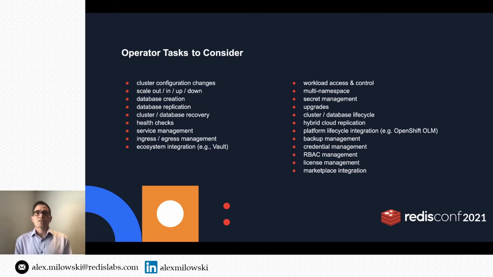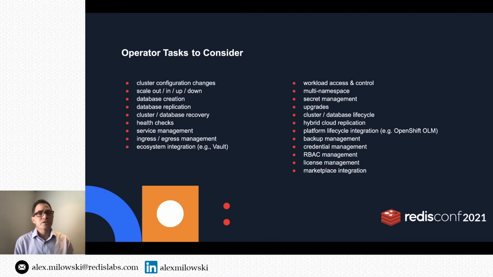If you have secrets that you want to manage, you may want to pull those secrets from Vault or some other system, some other mechanism, or use Kubernetes secrets, and you want that to be managed by the operator. Upgrades, right? When there's a new version, we'd like the operator to have a way for it to be upgraded, and then for it to upgrade your cluster and your databases. And that's an aspect of the full cluster and database lifecycle.